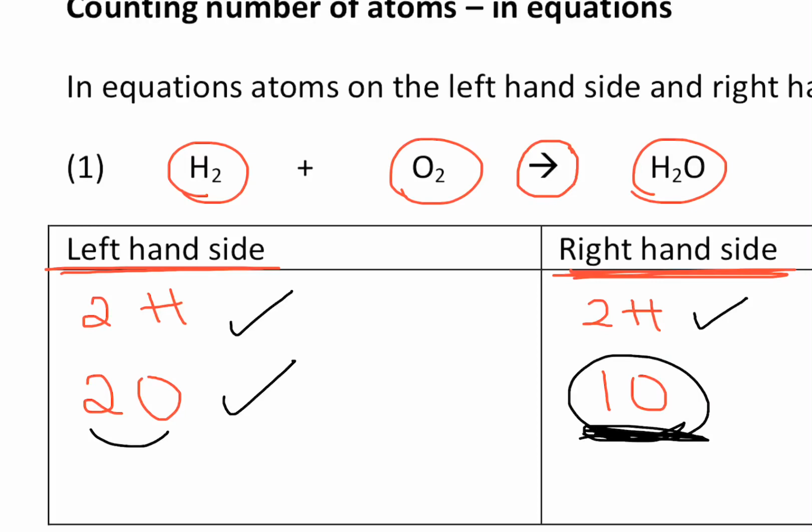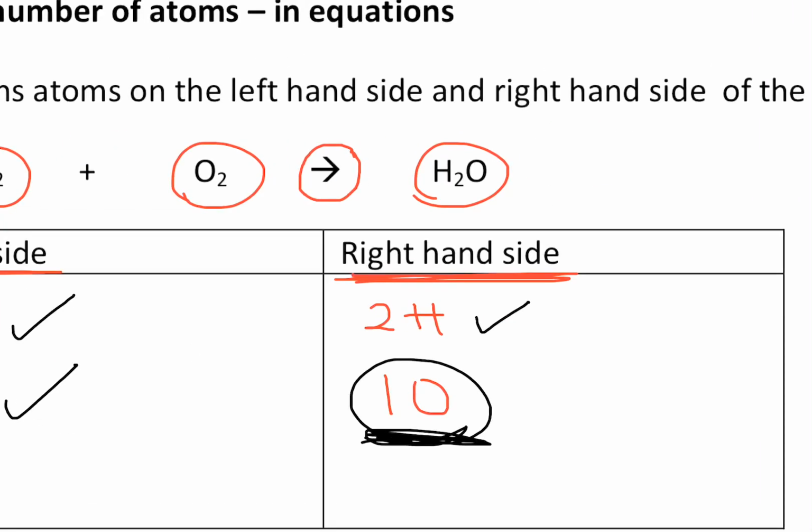Remember, when we put a number in front, we multiply. So if we want to change the number of oxygen, we will multiply by a number in front. What will multiply by 1 to give me 2? So I need to multiply this by 2, so I put a 2 in front. But when I put a 2 in front, it means that I will be changing the number of hydrogen too.